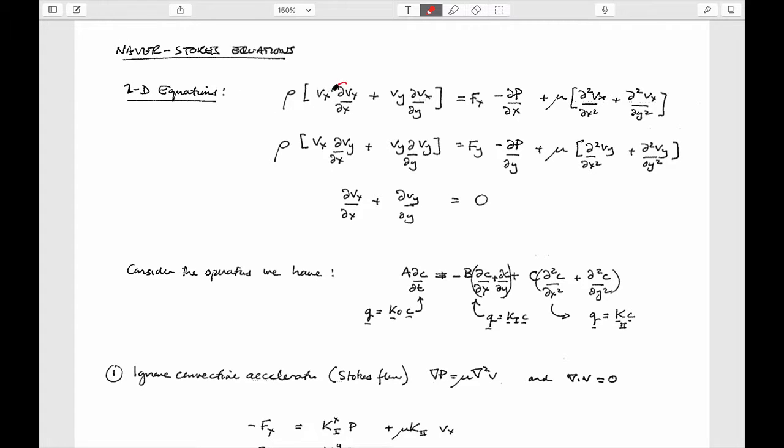So these are first order equations, things like dc dx. So remember, we have equations that look like dc dt, which vary with time but not with space, which we've called zeroth order. We have those that vary with space to the first order, and we have expressions that vary with space to the second order.